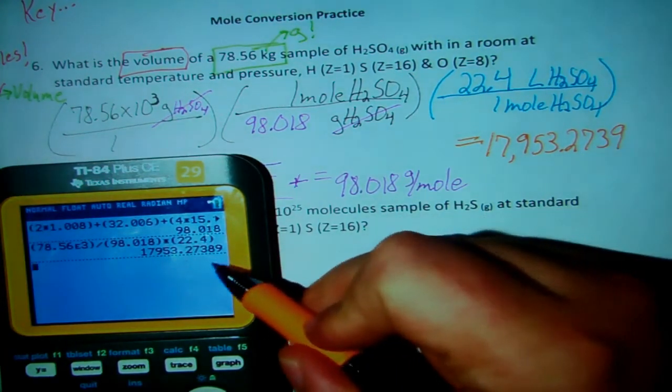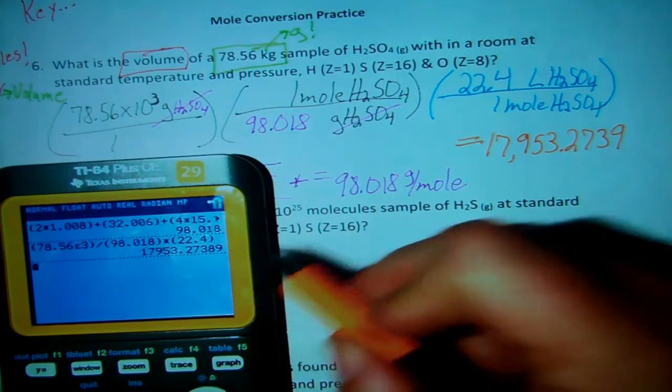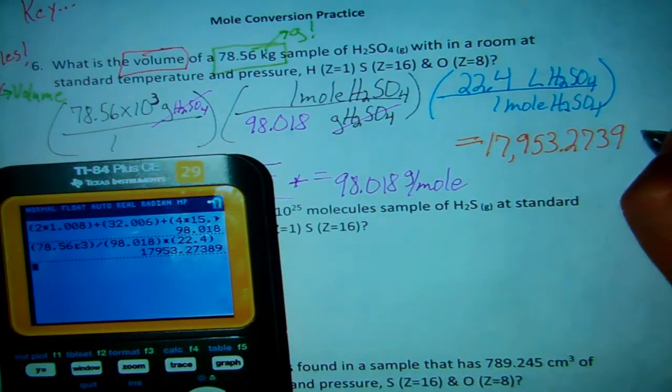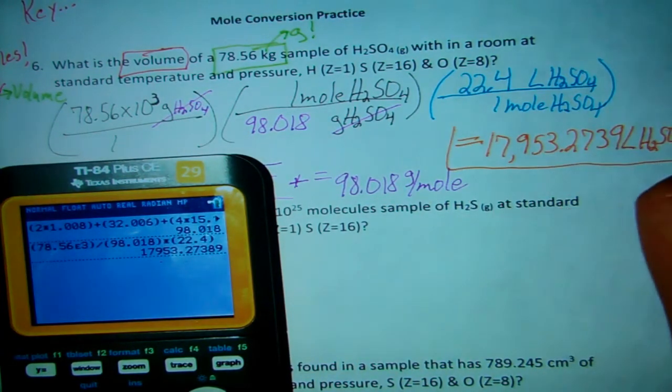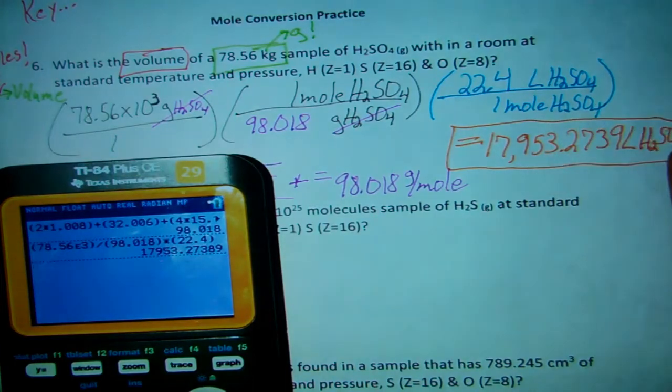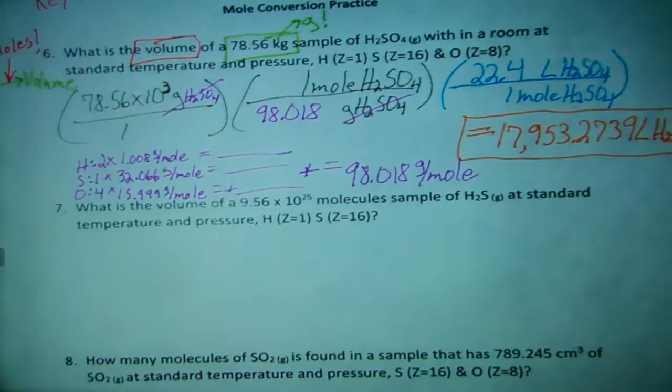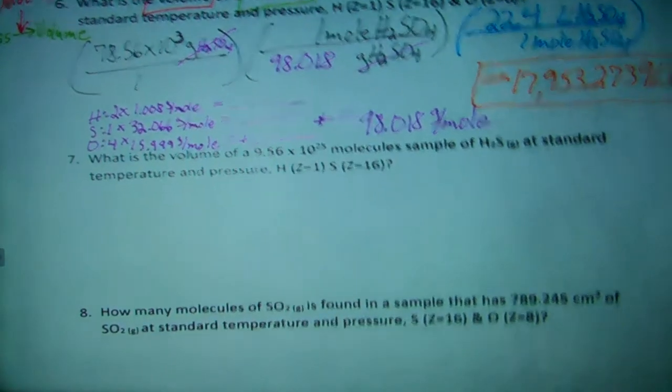I know it looks like I skipped that 8, but I didn't. 8 rounds up to 9. And that is liters of H2SO4. Box that in there so you can see your final answer. Hopefully you're picking up on this. Hopefully you're catching on. Okay, I'm really going to start rolling through these now.